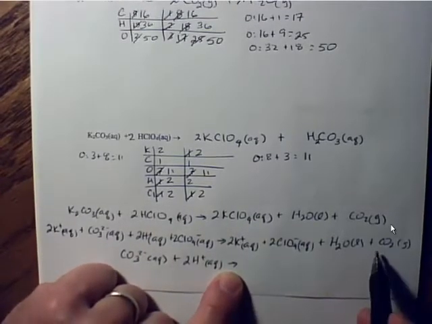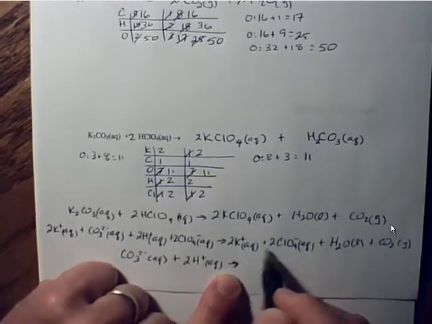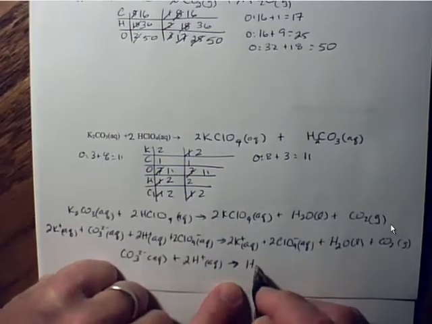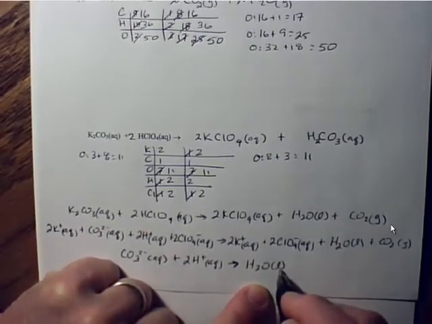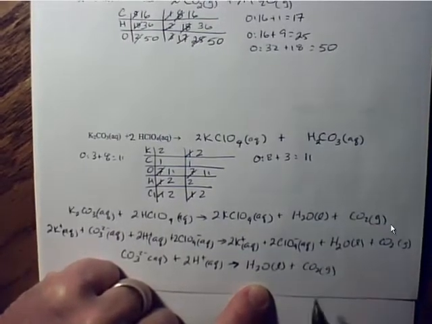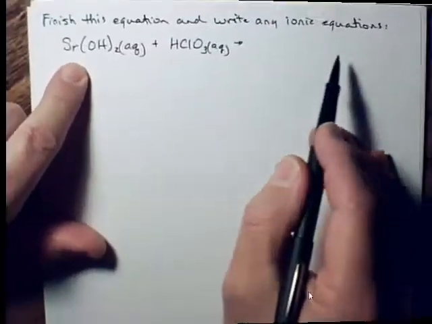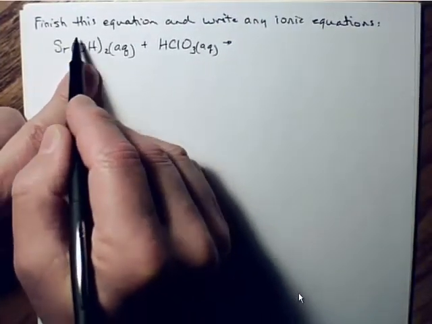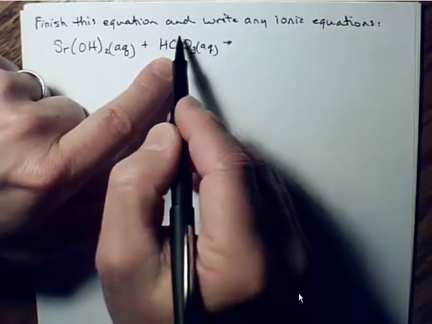They're not changing. So the only thing left over that is going to be left after we leave off the potassiums and the chlorates is the water and the carbon dioxide. In order to figure out how to do this, you're simply going to recognize this is an ionic compound because it has a polyatomic ion.